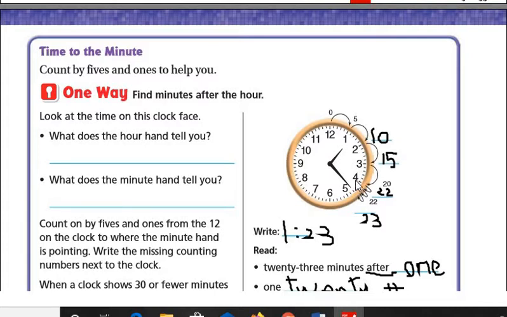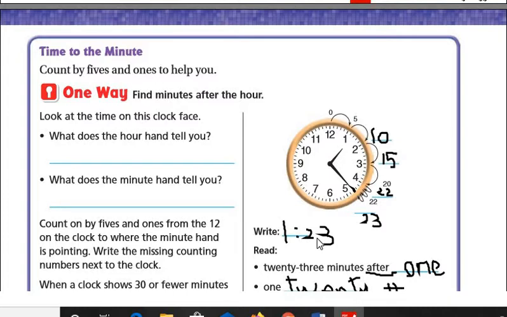I know there are 20 minutes at 4 and 25 minutes at 5. So let's count after 20: 21, 22, 23. So the minutes hand here points at 23. And the hour hand is between 1 and 2, 1 comes first, so it's 1:23.